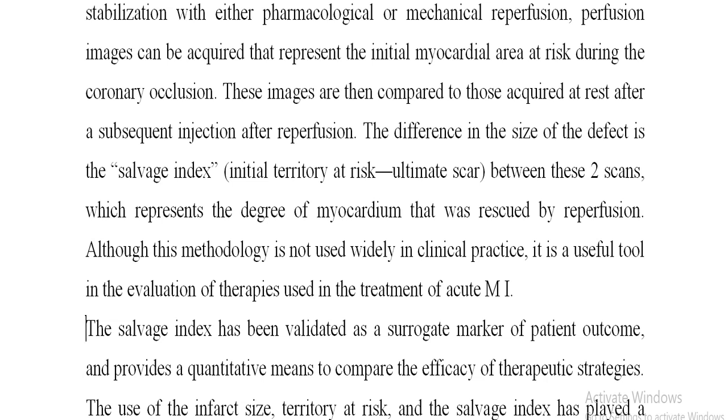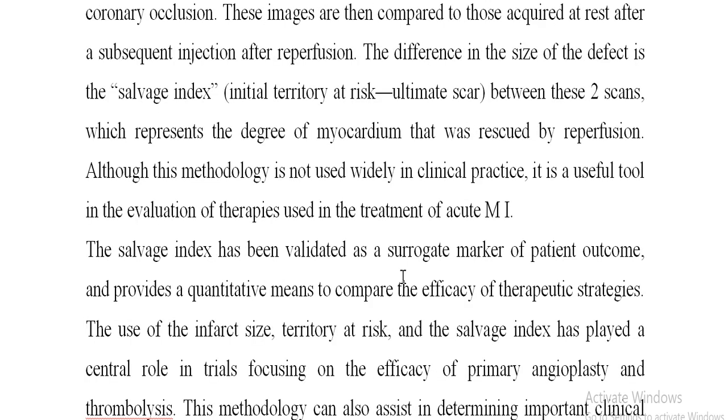The use of the infarct size, territory at risk, and the salvage index have played a central role in trials focusing on the efficacy of primary angioplasty and thrombolysis. This methodology can also assist in determining important clinical factors associated with reperfusion outcome, such as time to reperfusion and the significance of ECG changes.